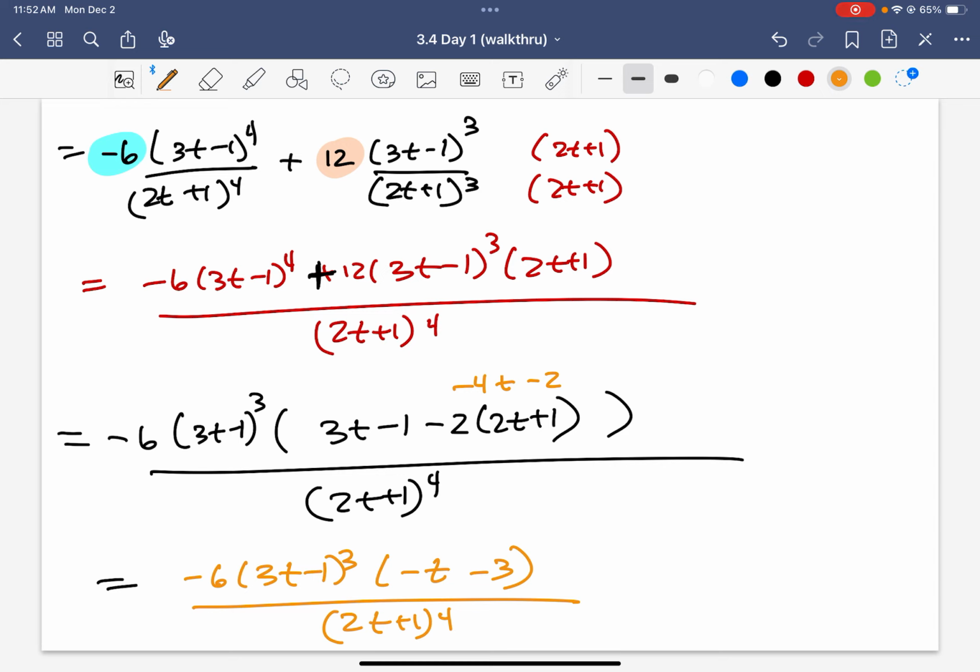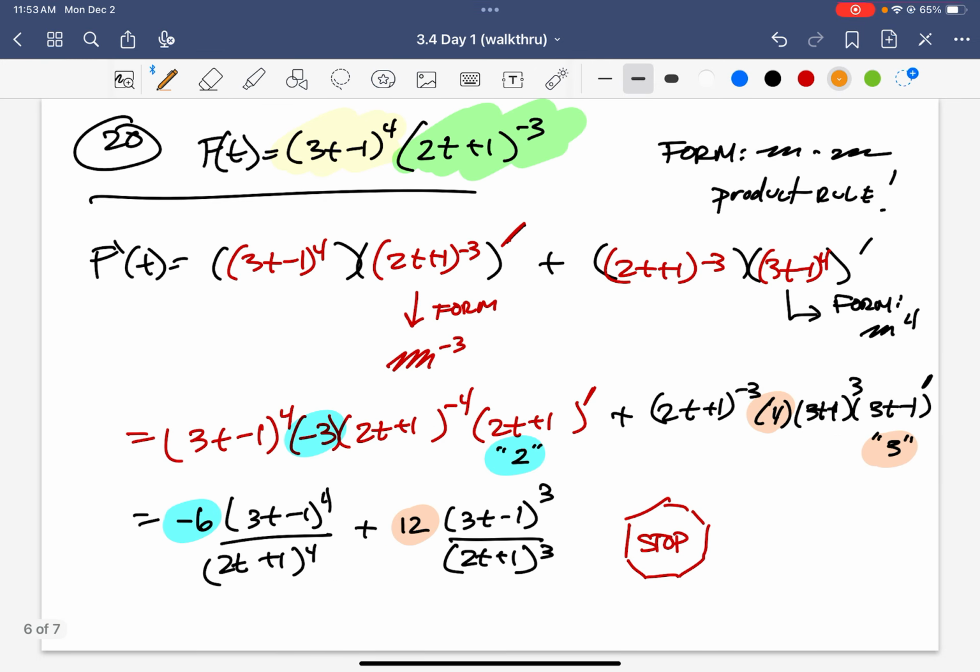Right? So then maybe you take out, so you could just leave it like that, or you could take out a negative and make it 6(3t - 1)^3(t + 3) all over (2t + 1)^4. So again, that's just if you had to simplify.